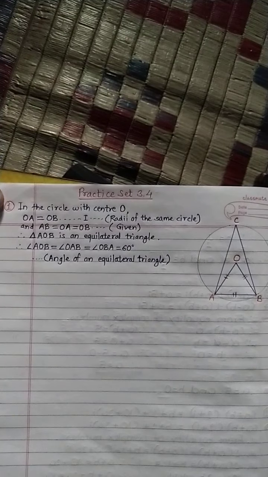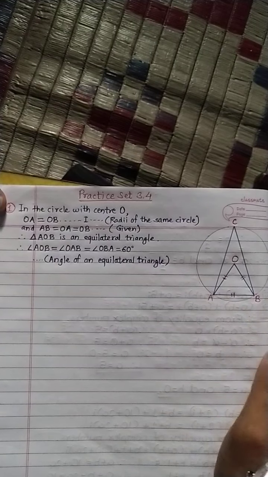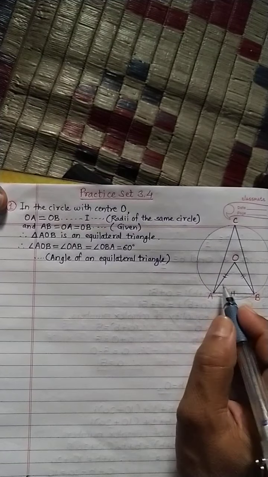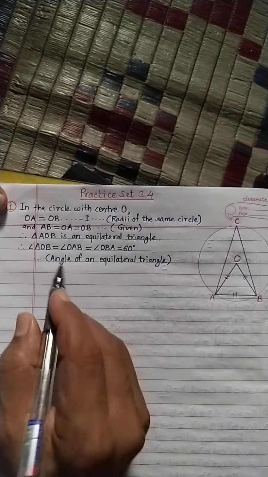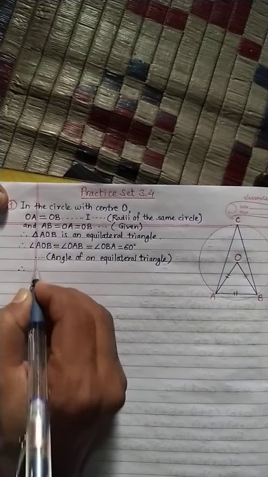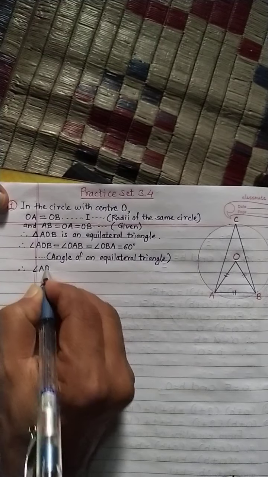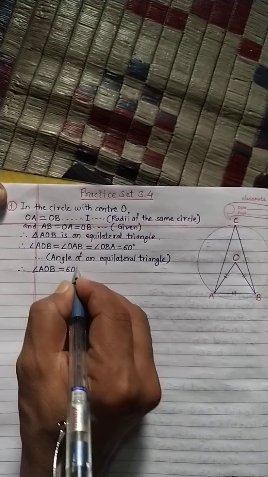Okay. So angle AOB is equal to 60 degrees.